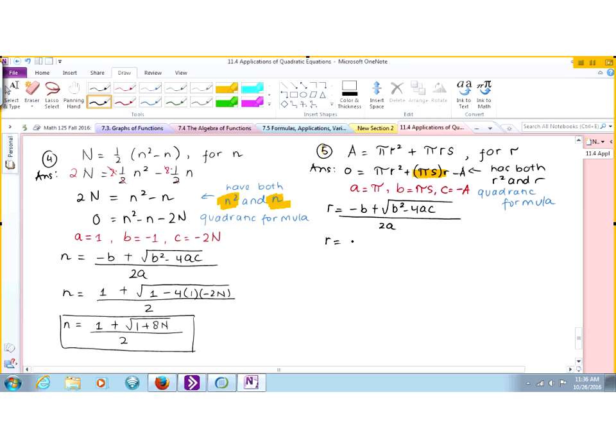So negative b, what is negative b? Negative pi s plus, just plus. What is b squared? Pi squared s squared, yes, minus 4 times pi times negative A divided by 2 pi.